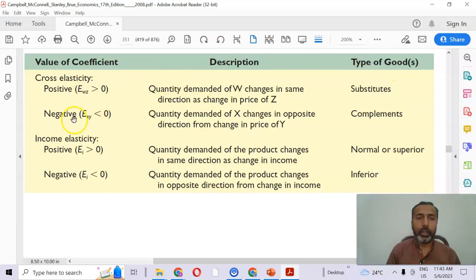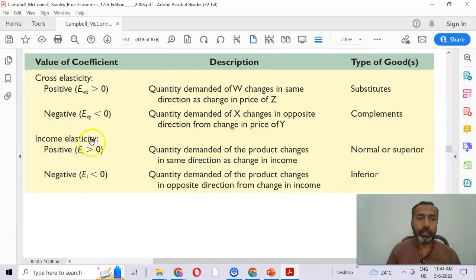When the answer of cross elasticity of demand is negative, it indicates that quantity demanded of one product changes in the opposite direction from the change in the price of another product, for example DVD and DVD player, and these two products will be known as complements. And when it is equal to 0, then those two products will be unrelated goods.